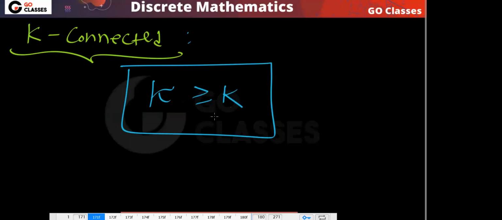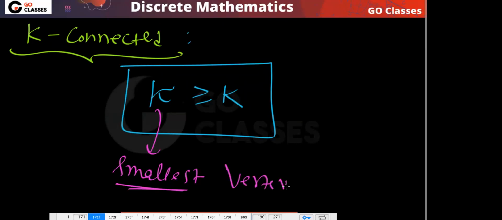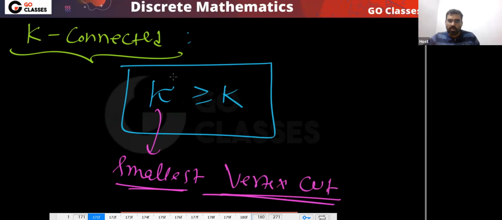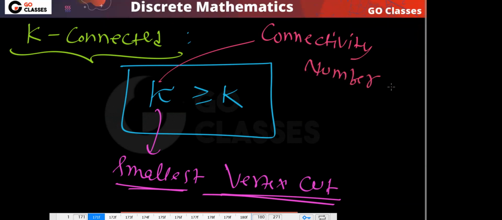This kappa is the minimum, the smallest. This is the smallest vertex cut, though there can be larger ones. Or I can say this is your connectivity number.